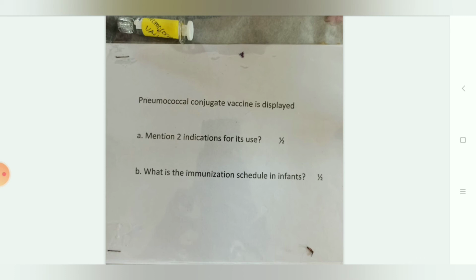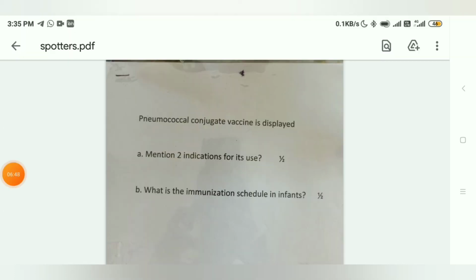What is the immunization scheme in infants? It is given in 4 doses: at 2 months, 4 months, 6 months and 12 to 15 months.